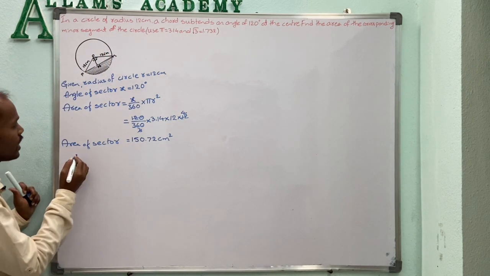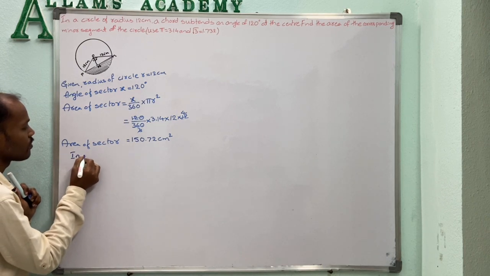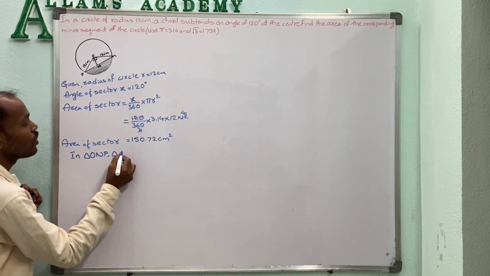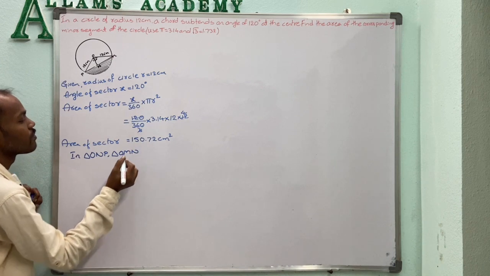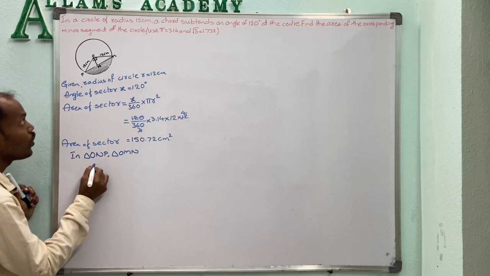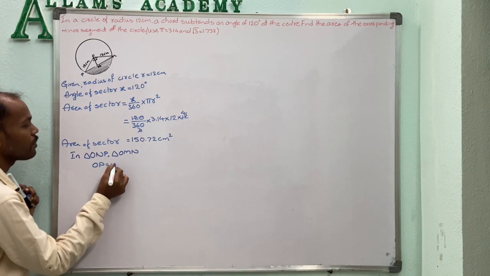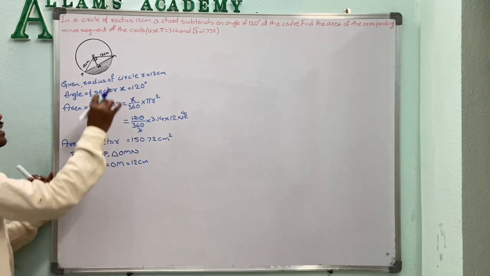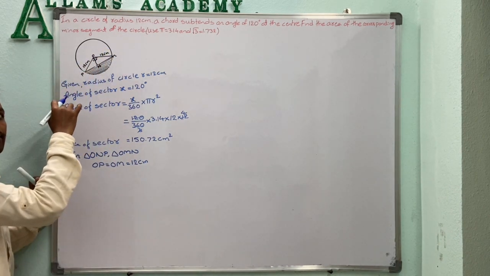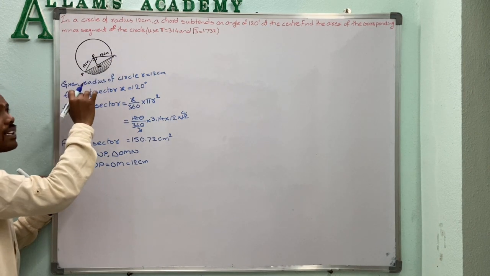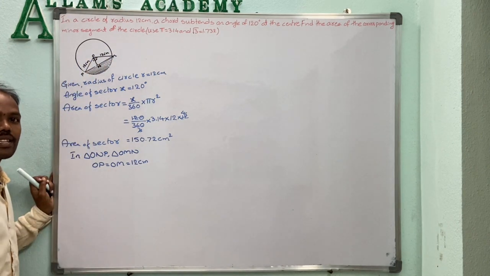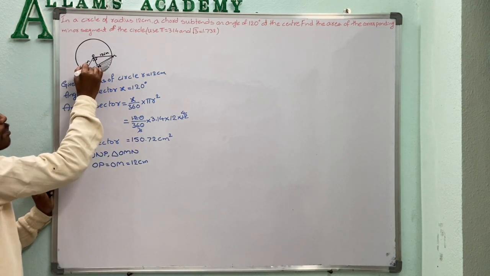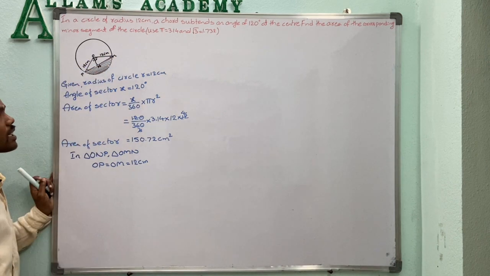Now observe triangle ONP and triangle OMN. OP and OM are equal, that is the radius, and in a triangle if two sides are equal, then the triangle is isosceles and the corresponding opposite angles are equal. That means angle P and angle M are equal.